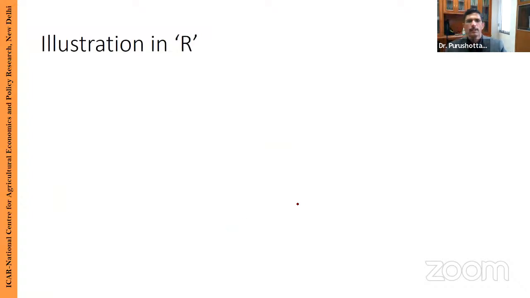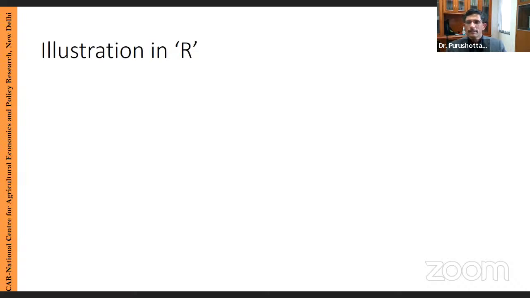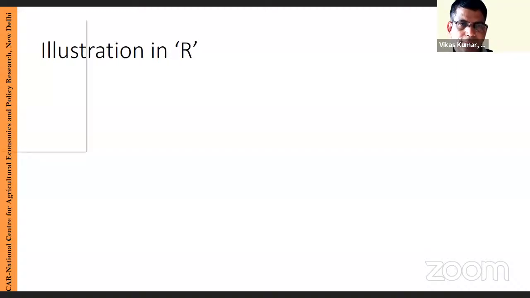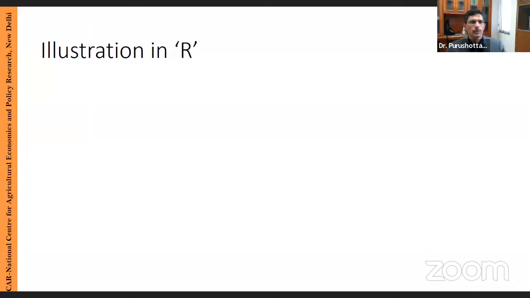So we will go for illustration in R. I think I have taken a lot of time. Okay. Here the whole environment is clear. So I think we'll go for a new script. And then we are going to test all those things, first with the series which we are going to generate randomly.